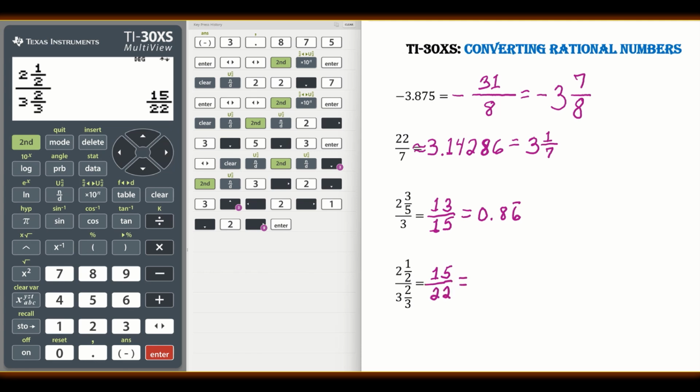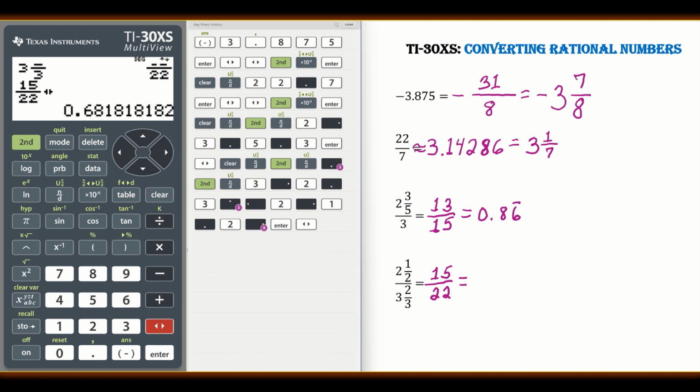Okay, let's push something else to see what else we can get. How about the toggle again? Or go ahead and push the toggle and see what we get. Okay, there's our decimal, and it is also a repeating decimal. So that's 6. Oh, it's the 8-1 that repeats.